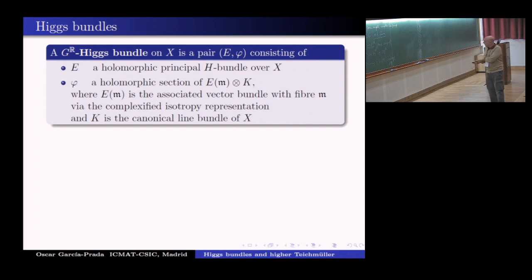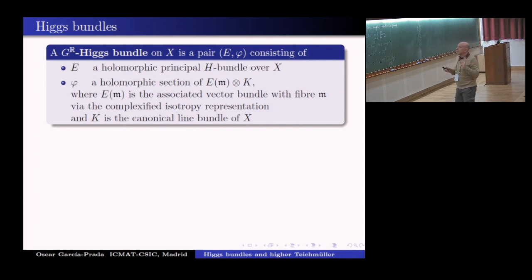So we get a vector bundle whose fiber is M, and then we tensor with the canonical line bundle of the Riemann surface, K. So this is a G_R Higgs bundle.